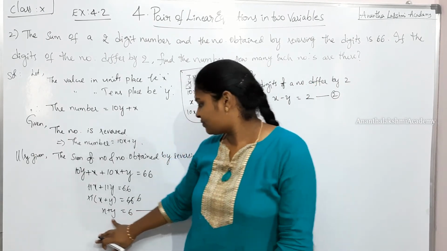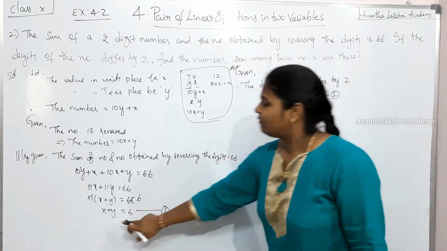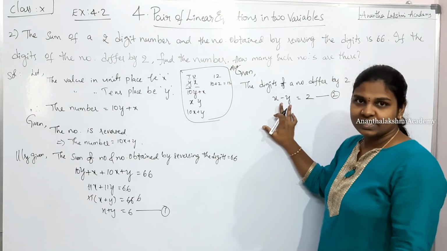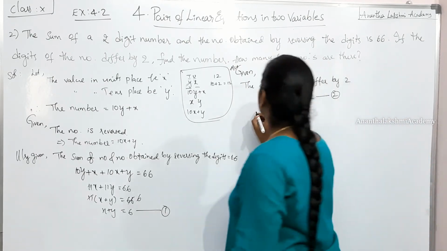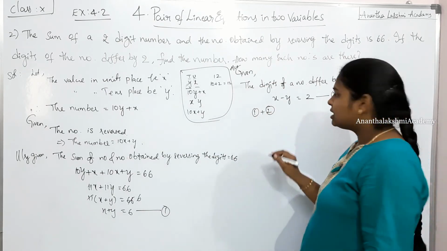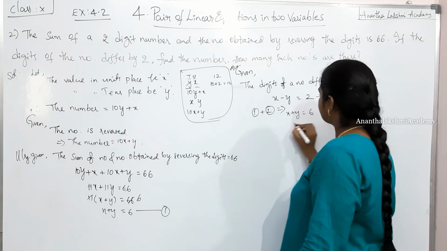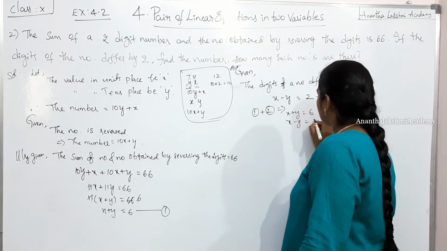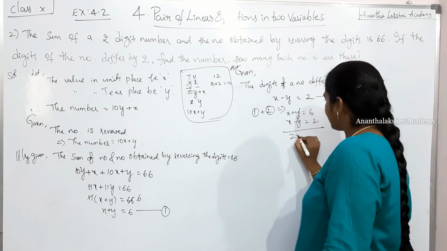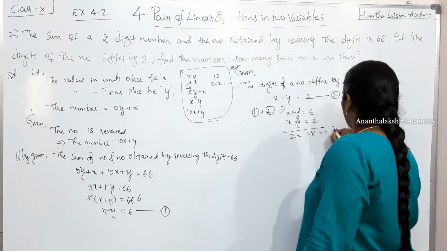Here x plus y is equal to 6 and this is x minus y is equal to 2. y and y have equal coefficients and the signs are opposite. So using the elimination method, I am going to solve this by adding these two equations. x plus y is equal to 6, x minus y is equal to 2, y gets cancelled, 2x is equal to 8, which implies x is equal to 4.